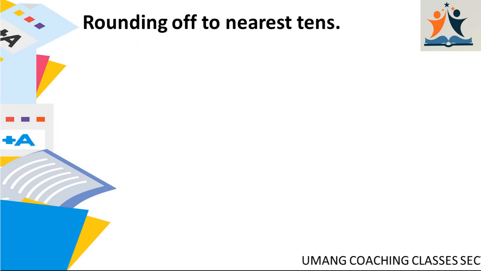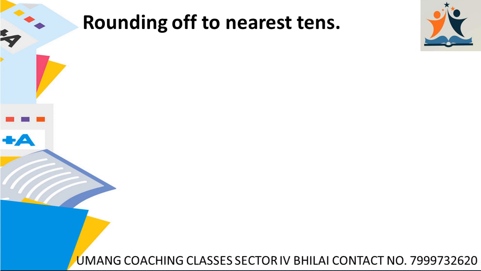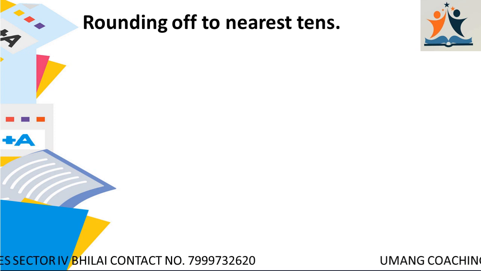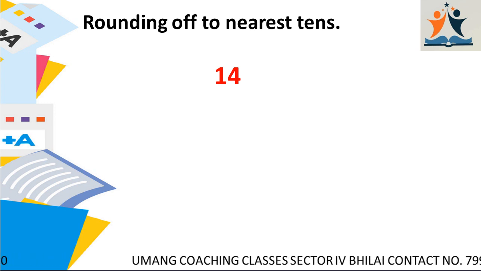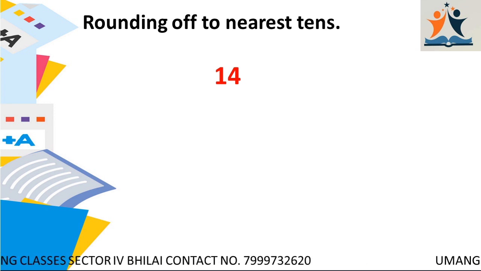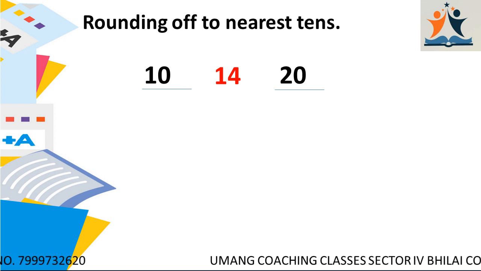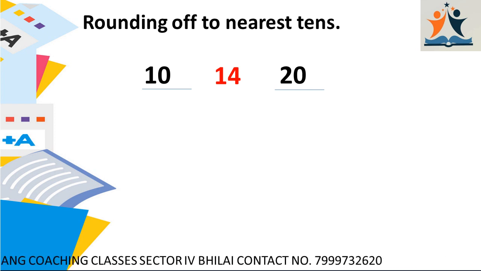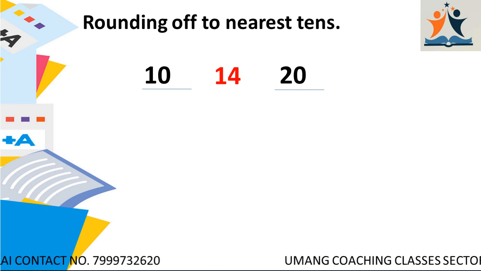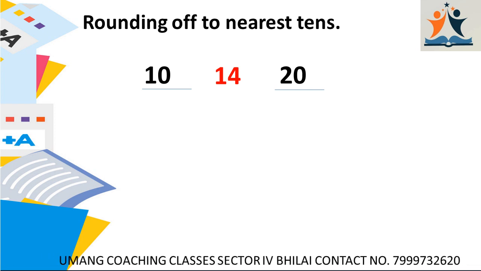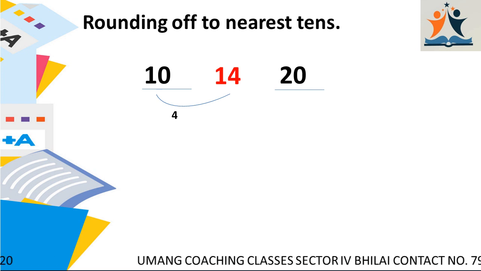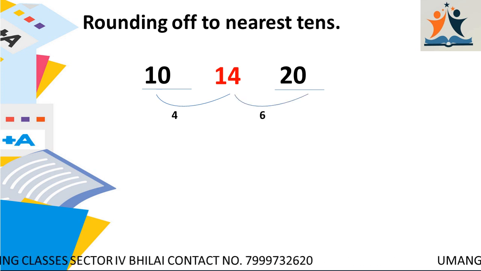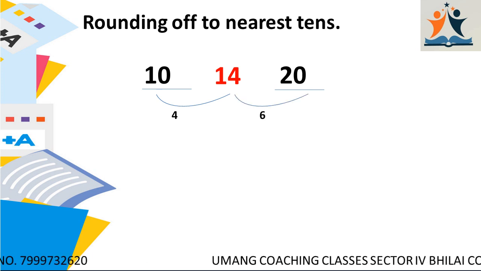First of all, we'll learn how to do the rounding off to the nearest tens. Let's suppose a number 14. This 14 is nearest to which two tens numbers? 10 and 20. Both 10 and 20 are the nearest tens to 14. Now we'll calculate the difference. The difference between 14 and 10 is 4 and the difference between 20 and 14 is 6.